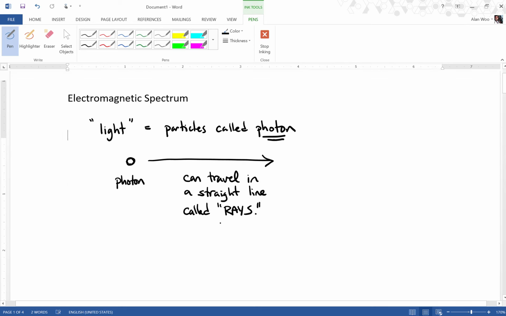The other way that photons can travel is through the motion of waves. So here it travels as a wave.